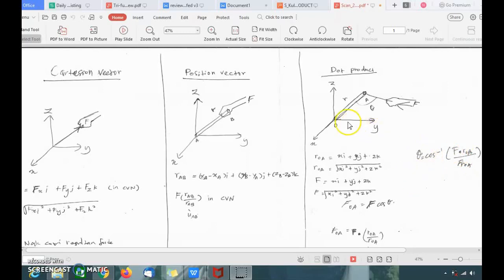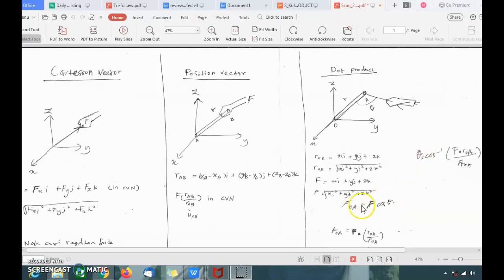If you want to find the force from O to A, or the whole force of the system, the equation is FOA equal to F cosine theta, and you can get theta from here.